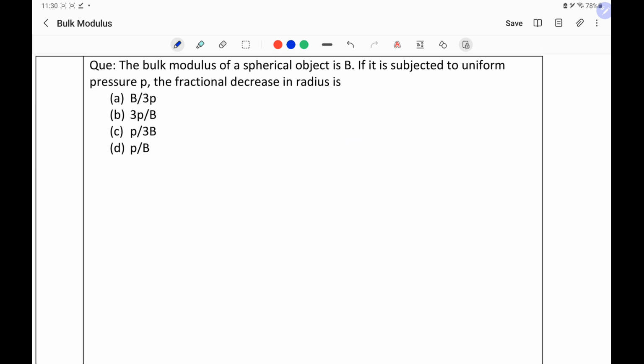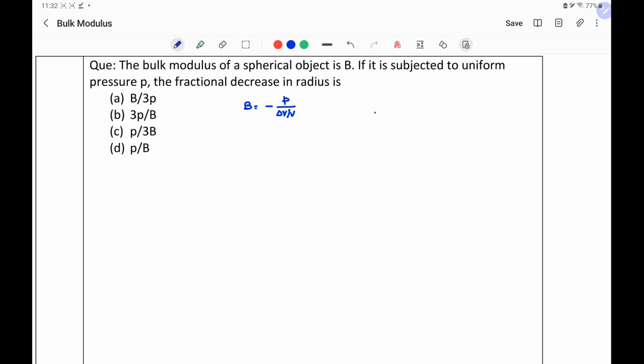Next question is, the bulk modulus of the spherical object is B. If it is subject to a uniform pressure P, the fractional decrease in the radius is. Formula is B equal to minus P by dV by V. If pressure applied is P, then change in the volume is dV by V equal to minus P by B. Minus sign is used because on applying the pressure, volume will decrease.